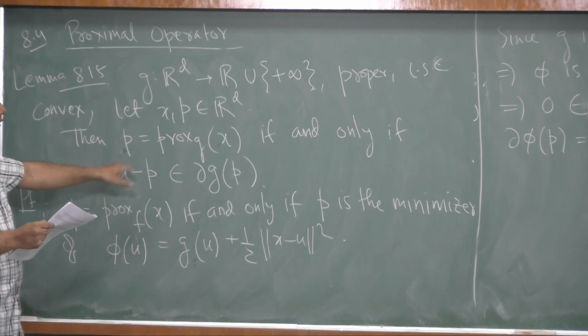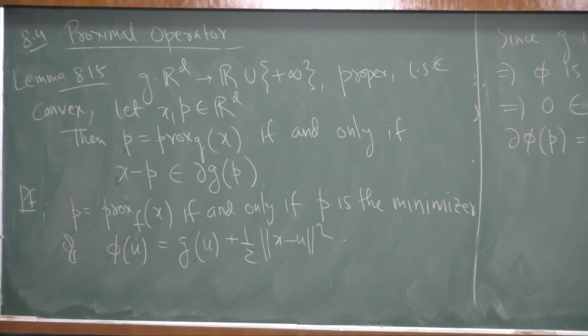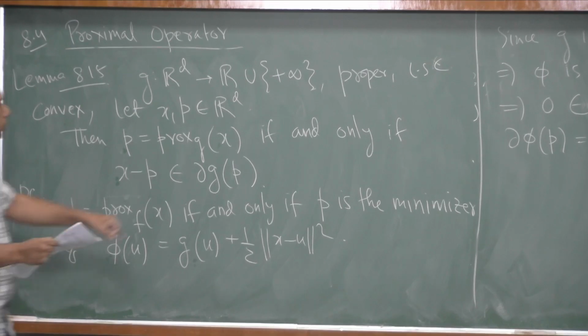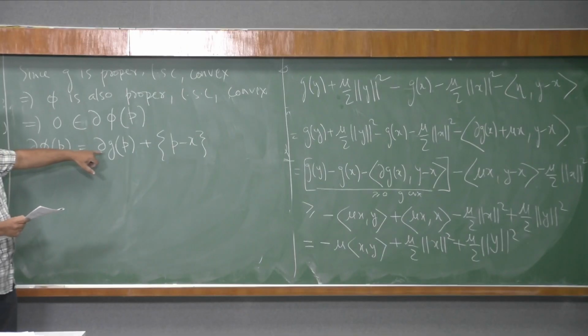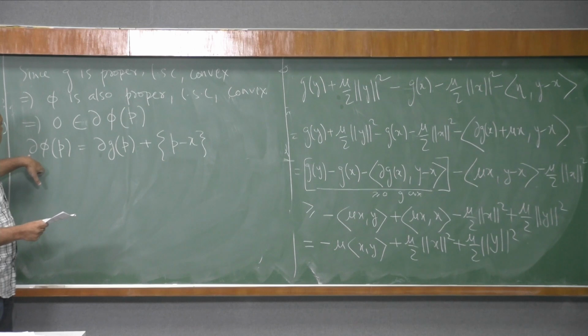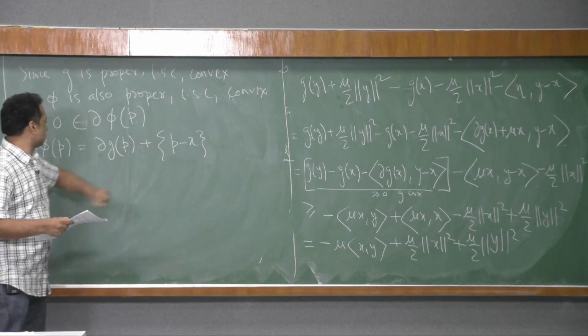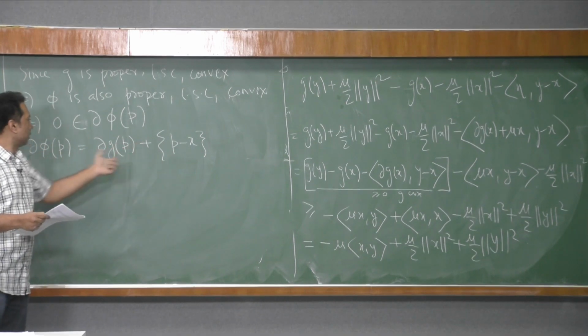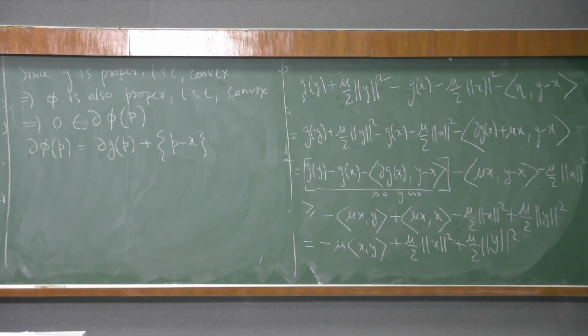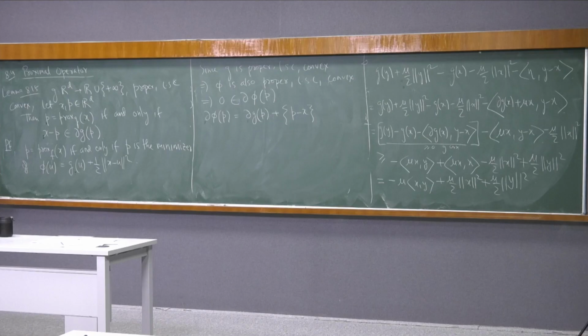Okay, so at least I can read one entry from there, although these are sets. So at least 0 is there, right? So pointwise I can read out one of these, right? So p minus x, or x minus p if I bring this term over. There are many entries there, but what is useful for us is we will pick the 0, because 0 is there in this set.